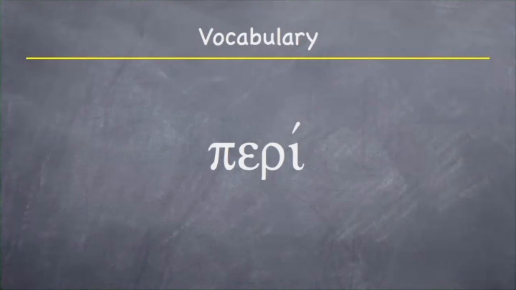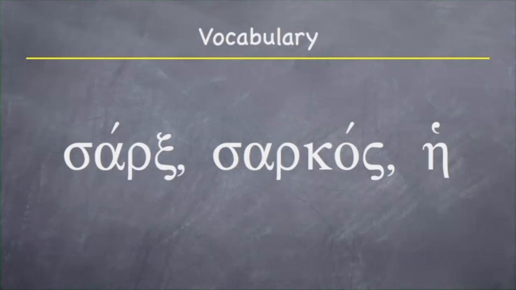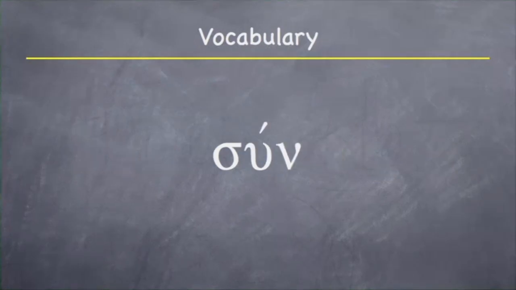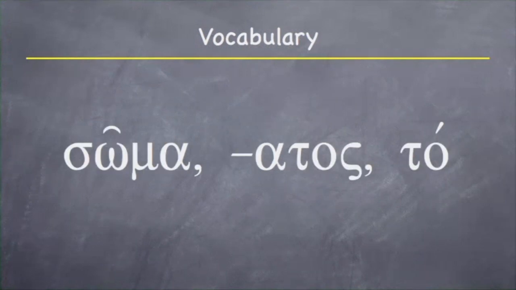Peri, with the genitive, concerning, about. With the accusative, around. Sarx, sarkos, he. Flesh, body. Sun, with the dative, with. Soma, somatos, to. Body.